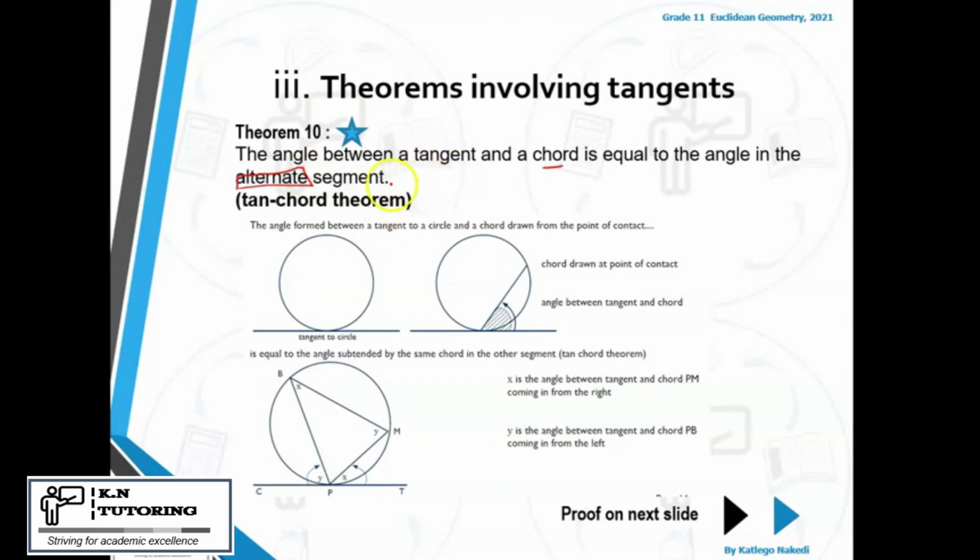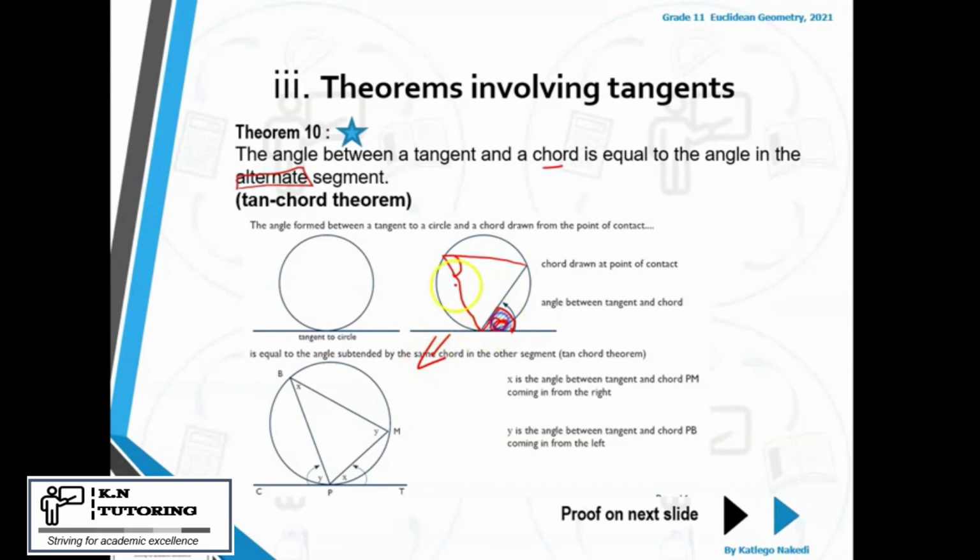We've got minor segment and major segment. And what makes up a segment? A chord is the one that divides a circle into minor and major segments. So this theorem says the angle between a tangent and a chord is equal to the angle in the alternating segment. So we've got a circle there, we've got a tangent there, then this angle that is between a chord and a tangent will subtend an angle in the alternating segment, which is what they did there.